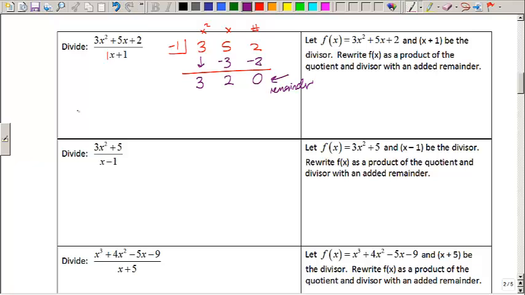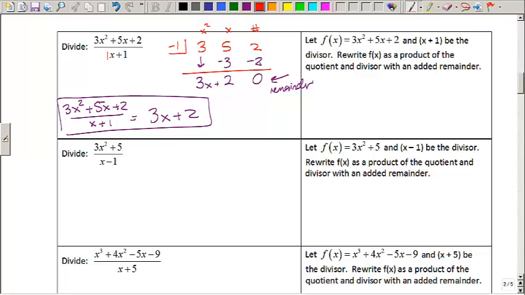And so my solution, or the answer for our division problem, is equal to 3x, notice it was an x squared, but I'm dropping the exponent by 1, plus 2, which is a number, and then I don't have a remainder, so I don't even actually write the remainder part. So it's just 3x plus 2, and that's the answer.